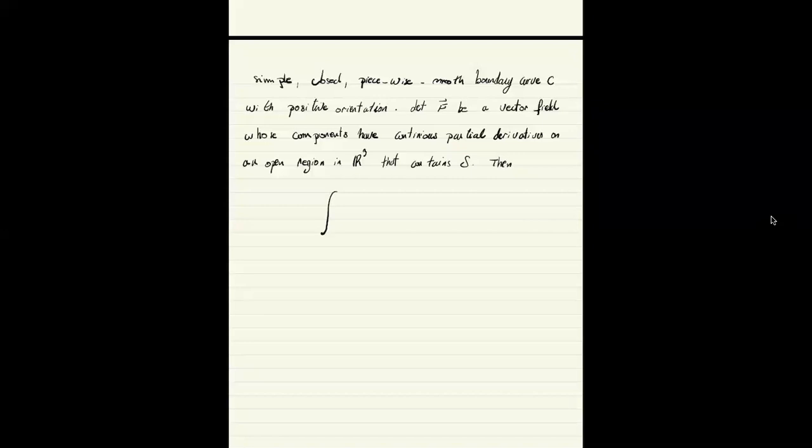So what we have is that the integral over the curve C of F dr is equal to the integral over S of the curl of F dS.